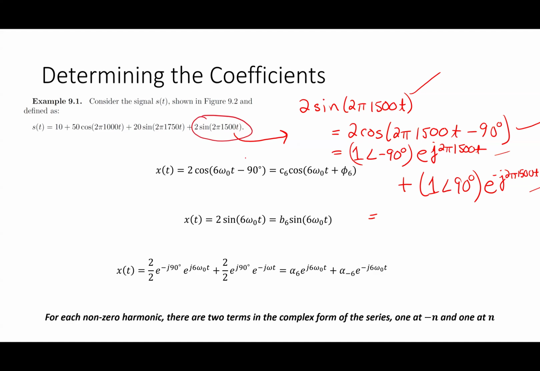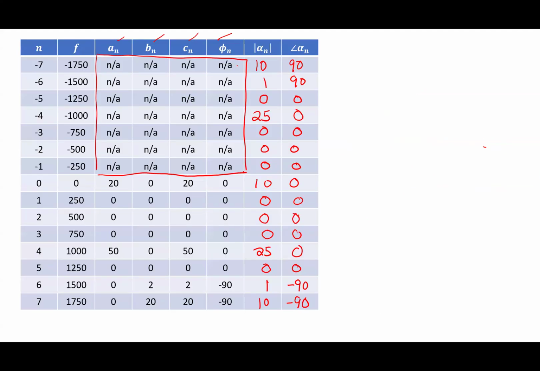And so it's really easy to figure out the alpha values because what we said is that the magnitude of alpha n is always Cn over 2, and phi n is the angle of alpha n. Maybe I should write it the other way: the angle of alpha n is equal to phi n.